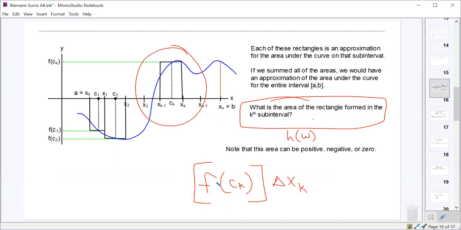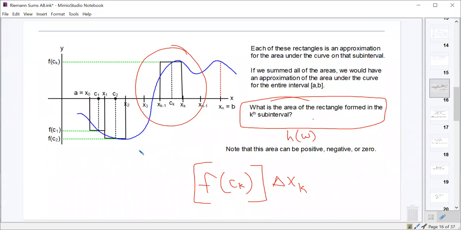So our goal is going to be similar to what we were talking about before when we were doing these approximations: I want to get the exact area underneath this curve. Well, in order to find that exact area, I need to have more subintervals, don't I? Because what will more subintervals do to the width of each of these rectangles?